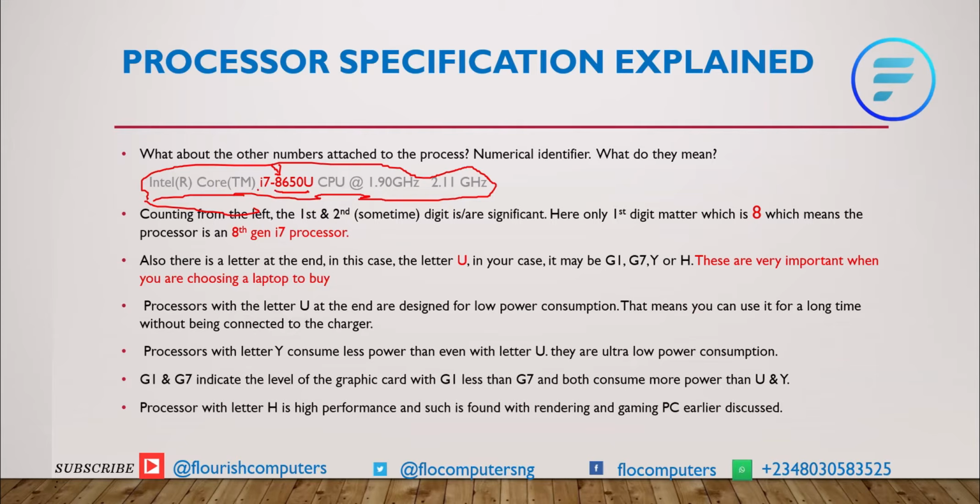So you can have somebody who has a Core i7 and 10th generation. In that case, instead of 8 it is going to be 1 and 0. So that means it's 10th generation. A 10th generation Core i7 system is going to perform better than 8th generation. So by the time you get to the market, you can see a Core i7 that is cheaper than the other one.